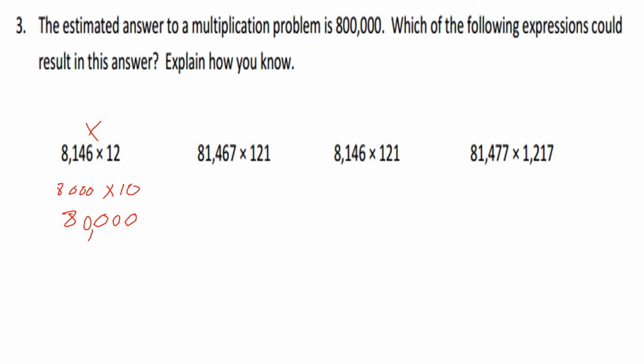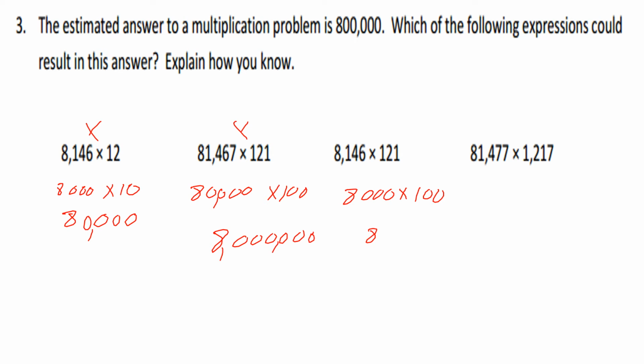The second one is close to 80,000 times 100. 1 times 8 is 8, and we have 1, 2, 3, 4, 5, 6 zeros. So that was 8 million. So it's not the second one. The third one, we have 8,000 times 100. 8 times 1 is 8, and we have 5 zeros.